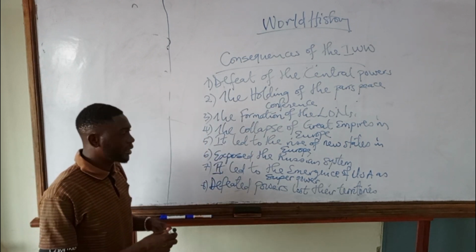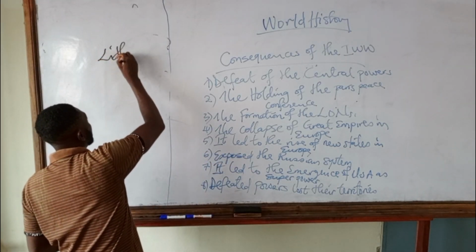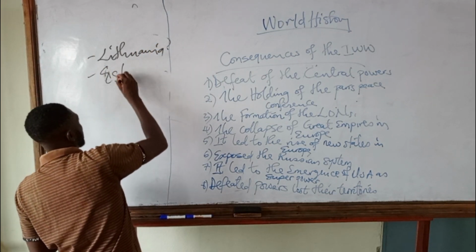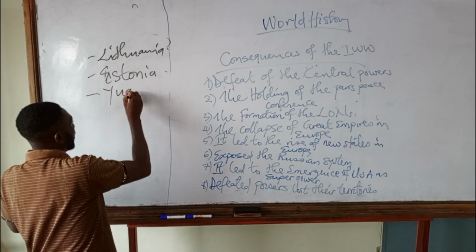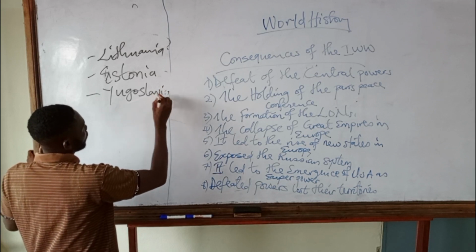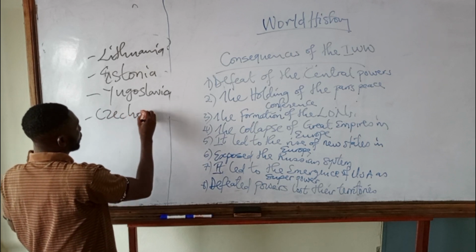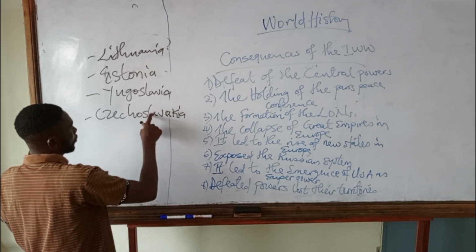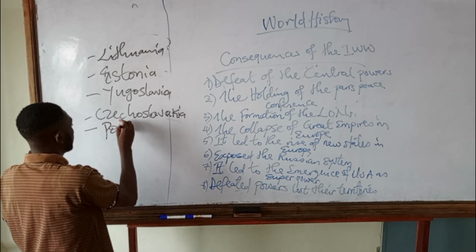For example, some of these new states that emerged in Europe were Lithuania, Estonia, Yugoslavia, Czechoslovakia, and Poland.